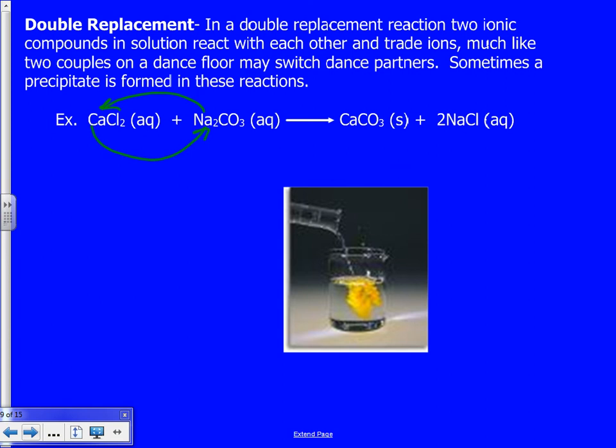They're replacing each other. And again, I've got to produce 2 ionic compounds. I can't produce 2 nonmetals together and 2 metals together. That'll just look weird.